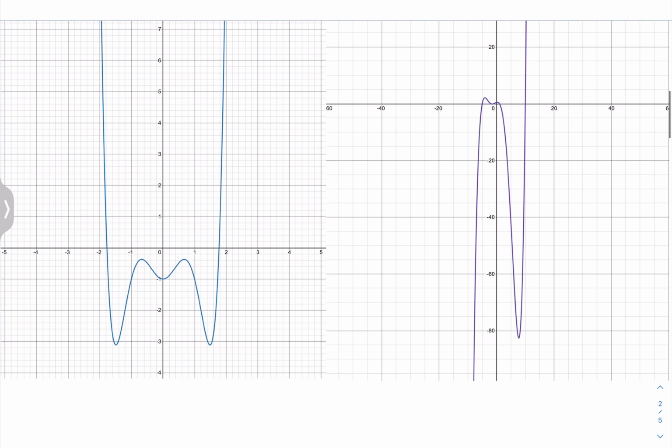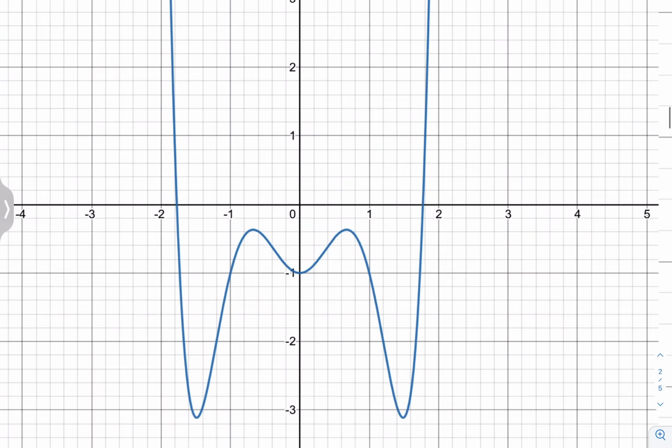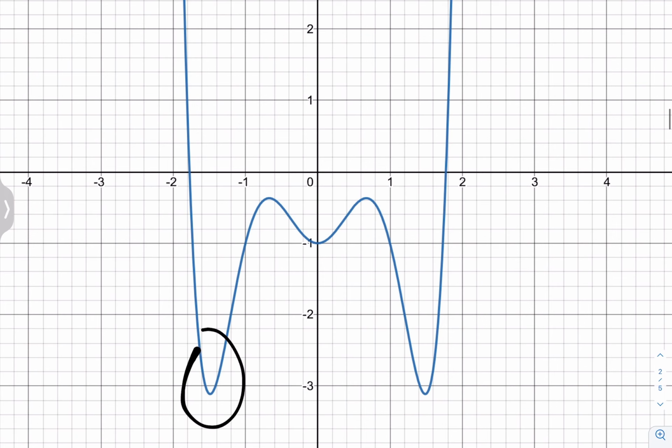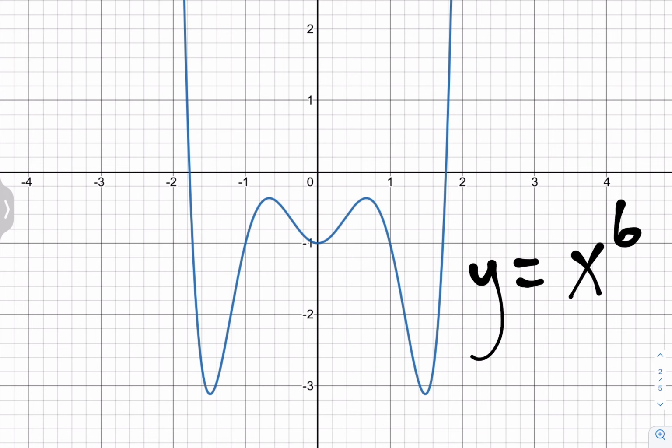Okay, let's look at these functions here, some of the end behaviors and the roots. We can predict the degree of this function by counting the turns like I talked about before. So there's going to be 5 turns, meaning this is probably going to be y equals some variation of x to the 6th. So this is a 6th degree polynomial with roots here and here.